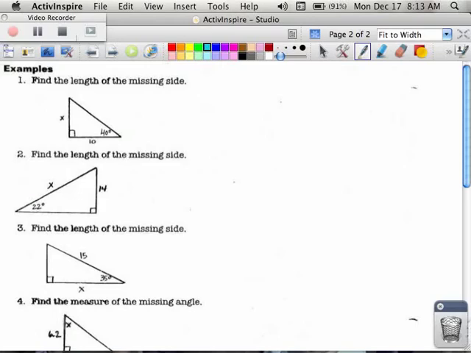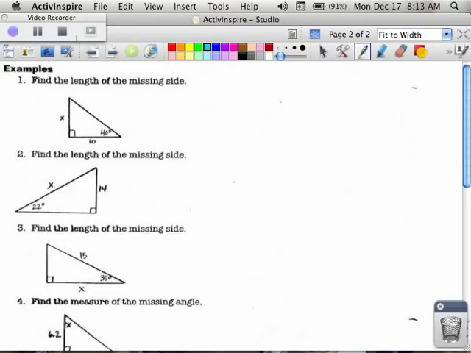So as I look at problem number 1, what I notice is there's an angle. And in relationship to this angle, they want the side that's opposite to the angle, and they give you the side that's adjacent to the angle. And if you look back on the previous page, you'll see that when I have an angle, opposite, and adjacent, I'm talking about tangent.